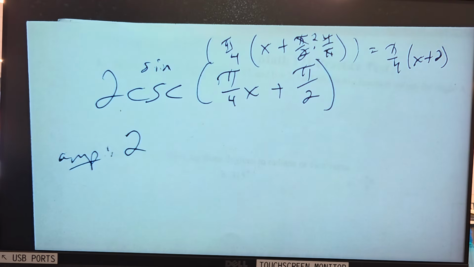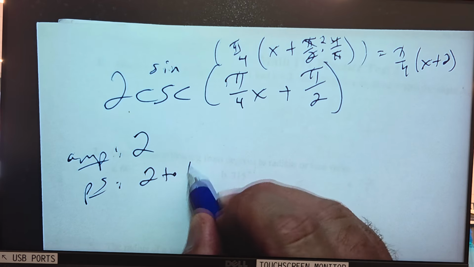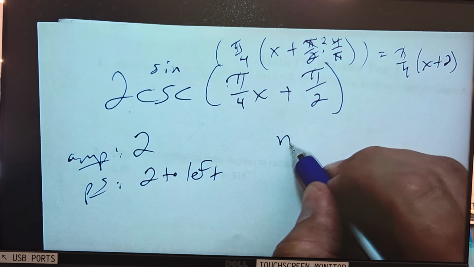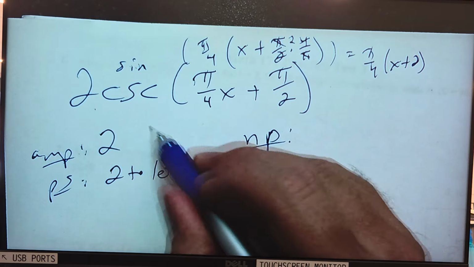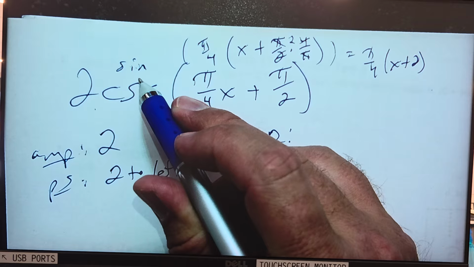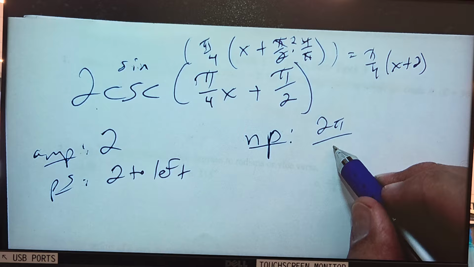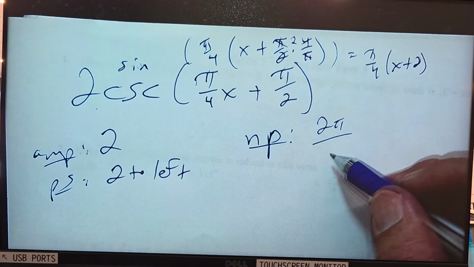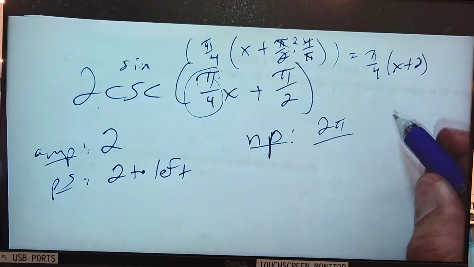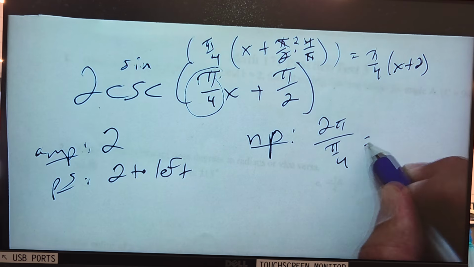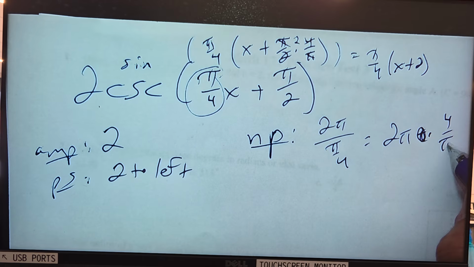So what is my phase shift? 2 to the left. What is my new period? What's my original period? 2 pi. And what am I going to divide that by? What do I always divide the original period by? The multiplier on the x. 2 pi divided by pi over 4 is 2 pi times 4 over pi.